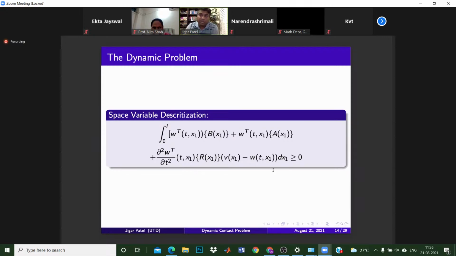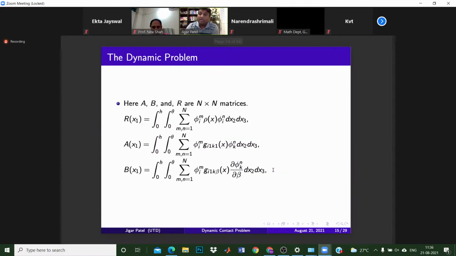Now you see some new things in here. There are three things: a of x1, b of x1, and r of x1. These a, b, and r store the information about those second order partial derivatives. Those integrals are here, those three matrices.